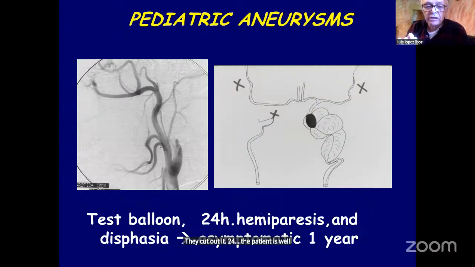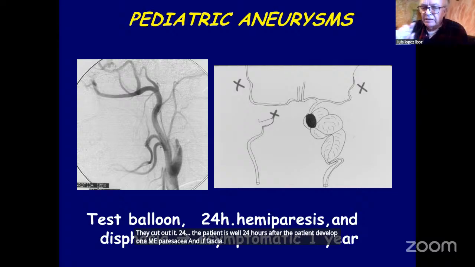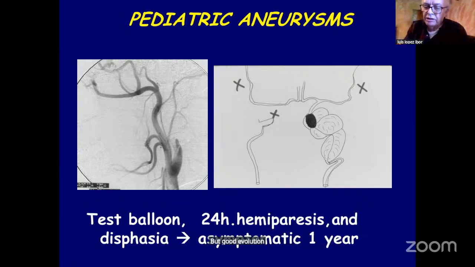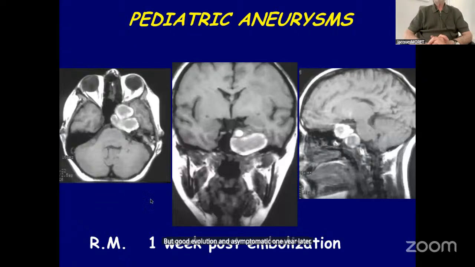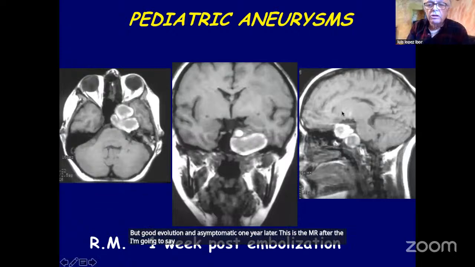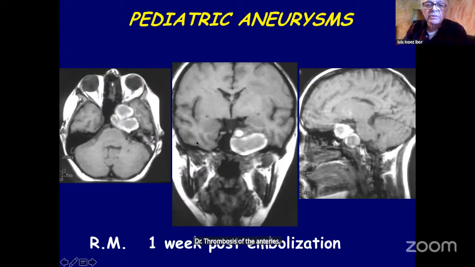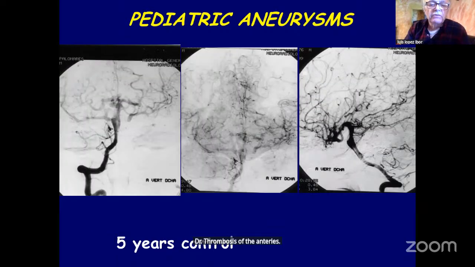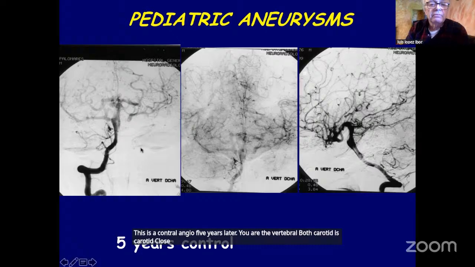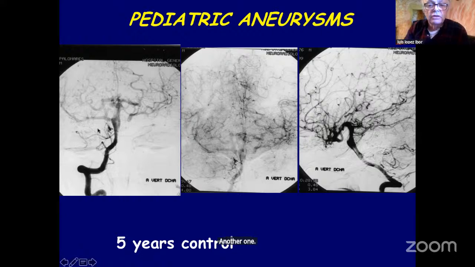Twenty-four hours after, the patient developed one hemiparesis and dysphasia, but with good evolution and asymptomatic 1 year later. This is the MR after embolization. You see the clot, total thrombosis of the aneurysm. This is the control angio 5 years later. You see the vertebral; both carotids are closed, one by myself with balloon, another one by another method.